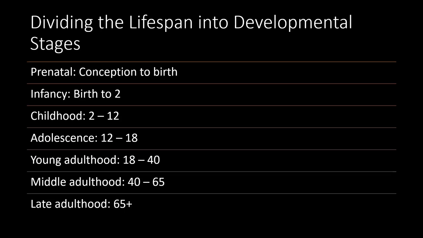And adolescence tends to be tagged with the onset of puberty. But the rest are pretty much socially designed to describe a particular period of life. Not all cultures have the same breakdowns.